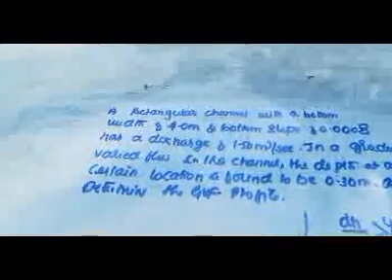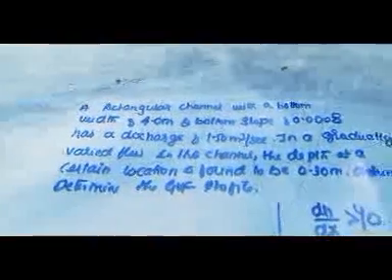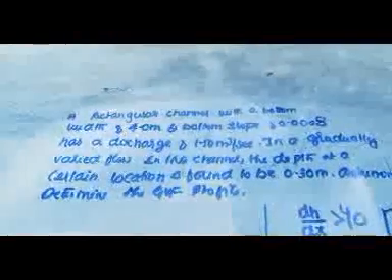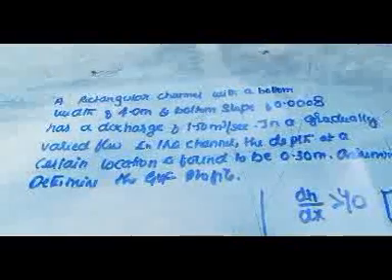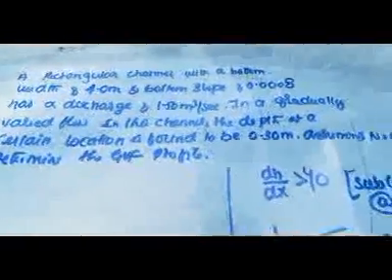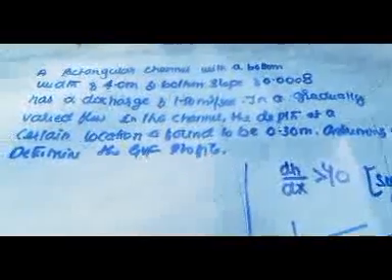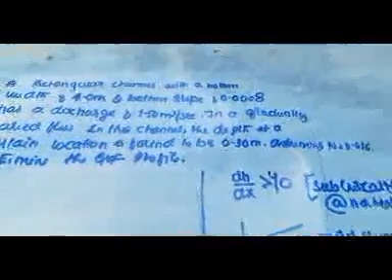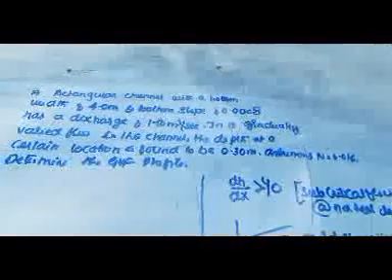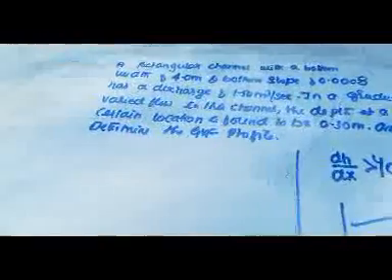So in that, one problem is there: a rectangular channel with a bottom width of 4 meter and a bottom slope of 0.0008 has a discharge of 1.5 meter cube per second in gradually varied flow. In this channel, the depth at a certain location is found to be 0.30 meter. Assume n is equal to 0.016.